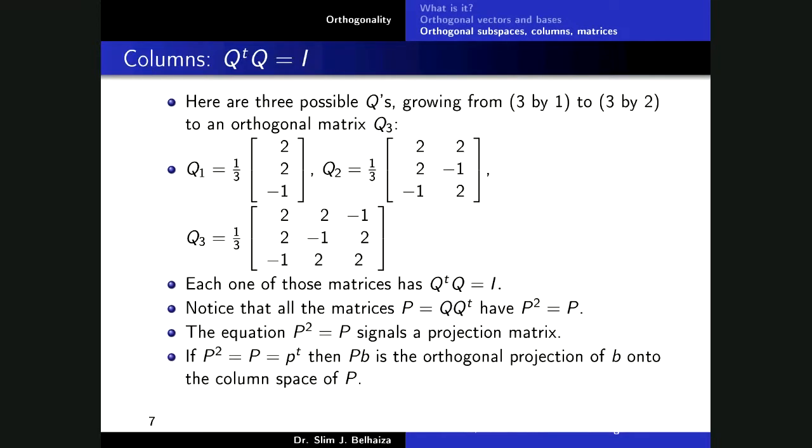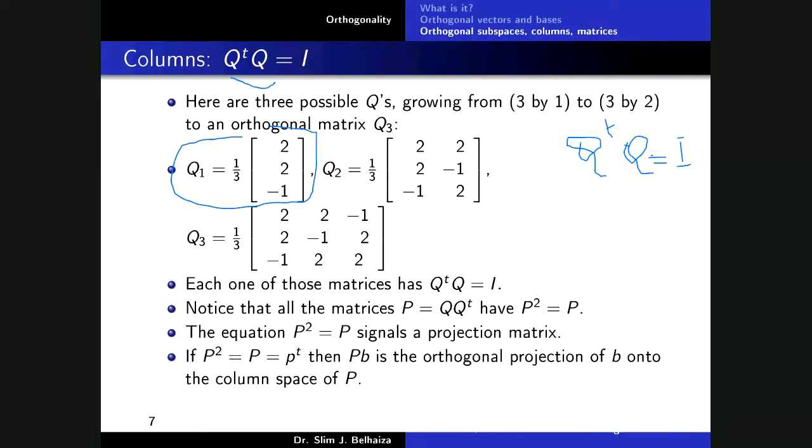Now, for example, let's talk about these columns that satisfy the property that Q transpose times Q equals I. For example, if we take the 3×1 column q1, which is given by 1/3 of (2, 2, -1), what you can check is that Q transpose times Q, in all the cases here, is equal to I. So we've been growing from 3×1 to 3×2 till the last one, 3×3.